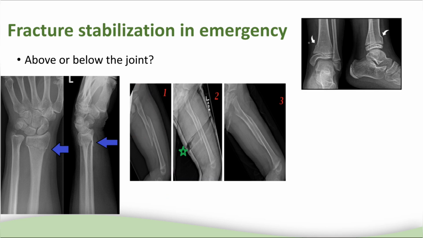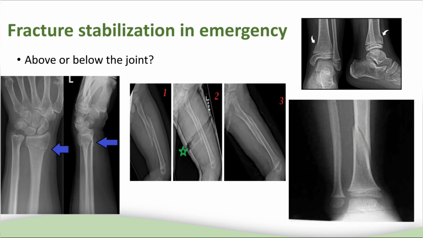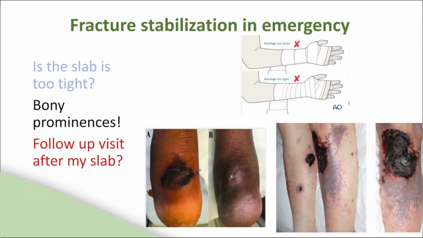This patient has only a fracture of the distal part of the tibia, so only a below-the-knee backslab. This is the shaft, so it needs to involve the joint below and the joint above, which is the knee joint, so an above-the-knee backslab.